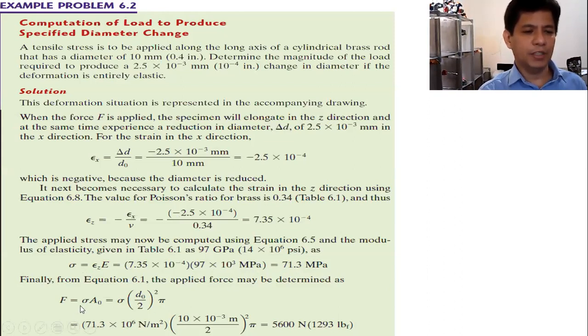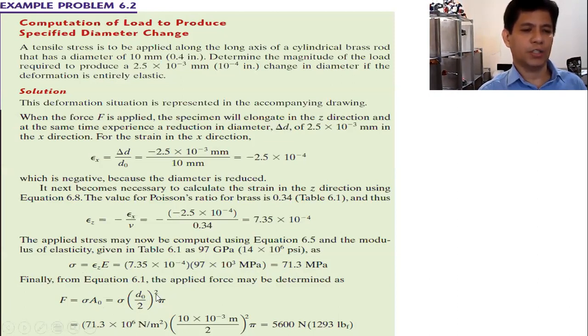The definition of engineering stress is F over A0, or F equals engineering stress times cross-sectional area. The formula for the cross-sectional area of a circle is pi D0 squared divided by 4, or pi times D0 over 2, squared.